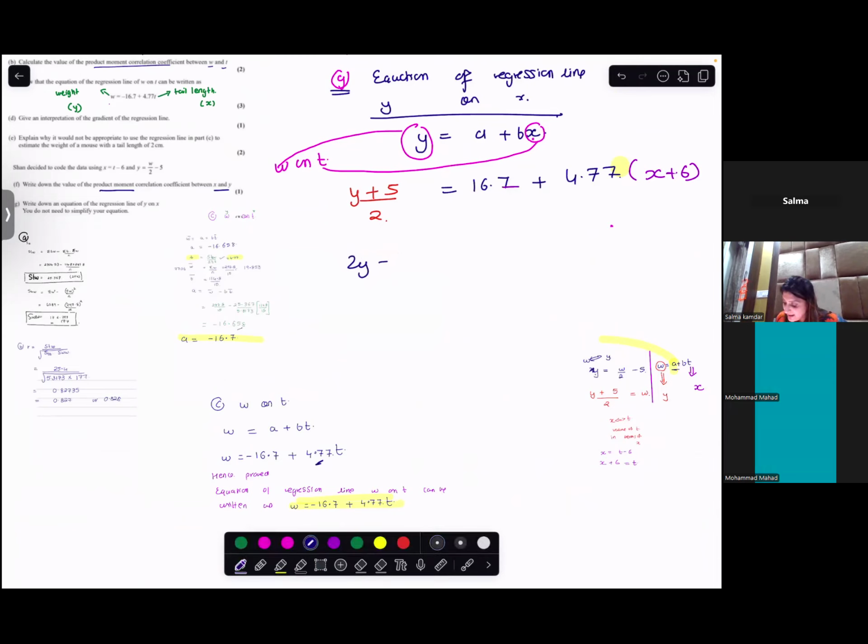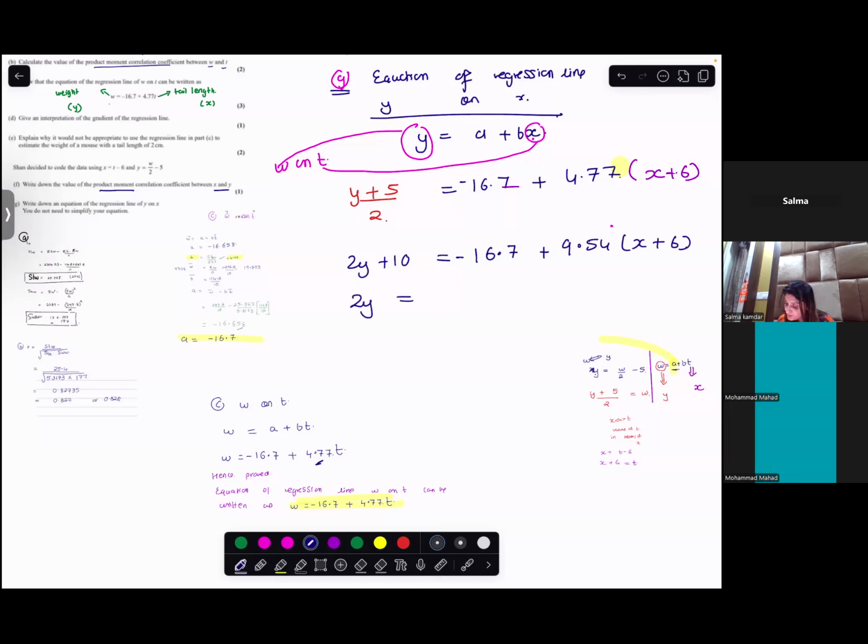So it's going to become 2y plus 10 is equal to minus 16.7 plus 4.77 into 2, which is 9.54, times x plus 6. 9.54 into 6 will make it 57.24.